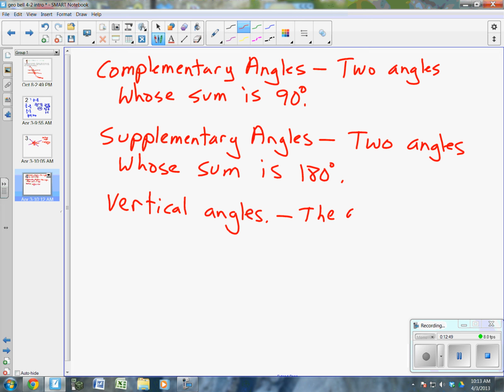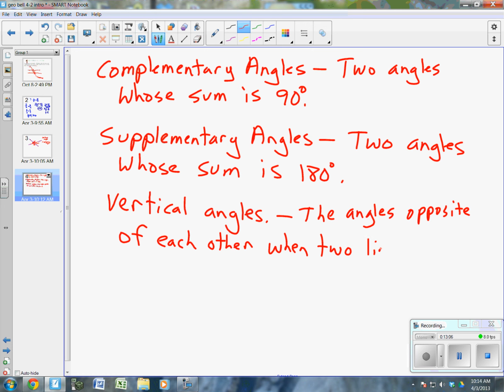The angles opposite of each other when two lines intersect. The angles opposite of each other when two lines intersect. Okay?